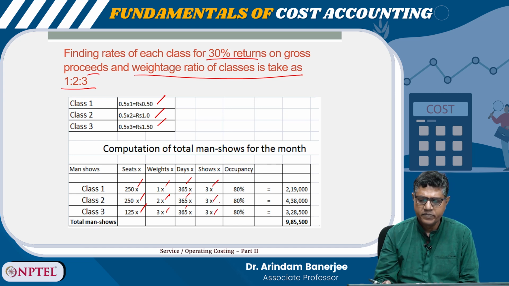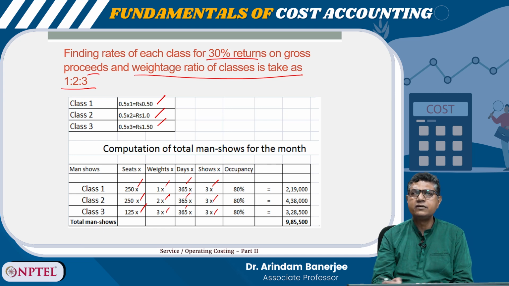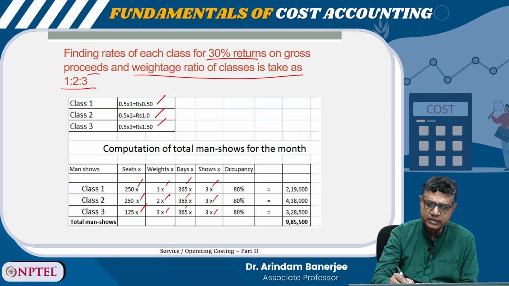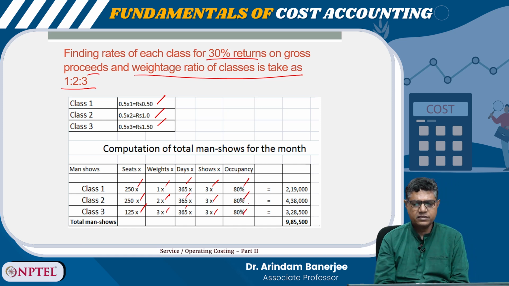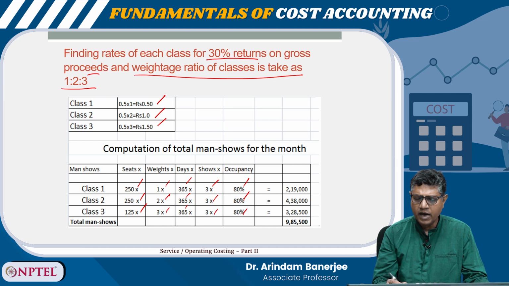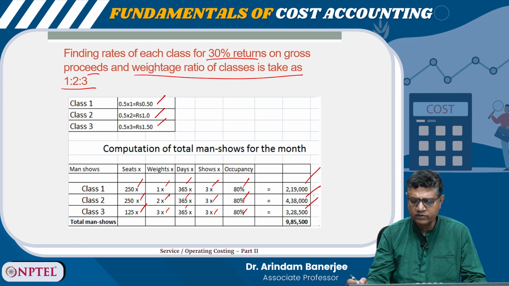So occupancy, we are assuming that 20% on average remains vacant. So occupancy is 80%, right. Now, if I multiply, I get from class 1, 2,19,000, for class 2, 4,38,000, and for class 3, 3,28,500.